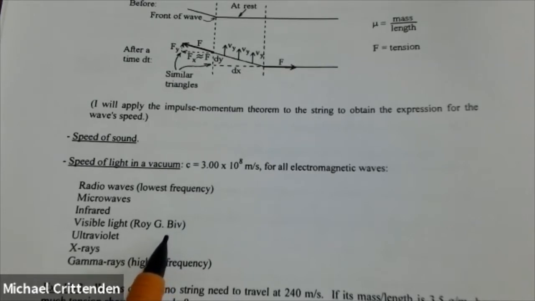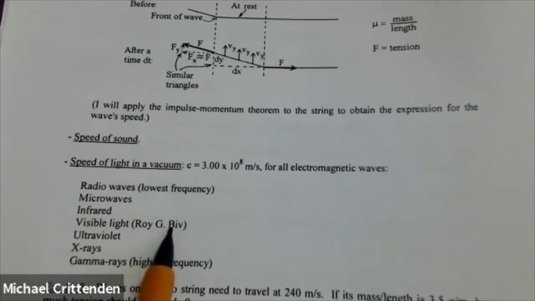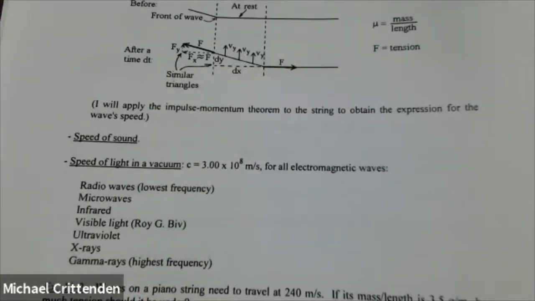Because when I was in kindergarten, there was no crayon in the box that said indigo. There was purple and there was blue, but I don't remember any indigo. Anyhow, blue, indigo, violet. Roy G. Biv helps you remember the colors of the rainbow in order from the long wavelength end to the short wavelength end.